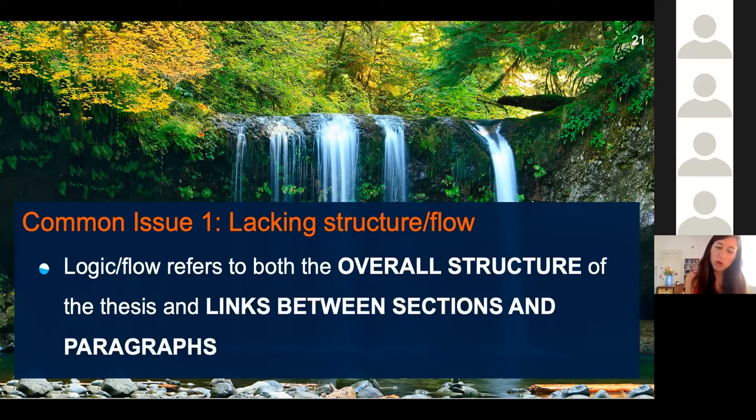So basically your whole thesis should be structurally sound, but also sections and paragraphs need to link together. So the whole thing needs to flow, basically. It's like the water you see in the background there in the waterfall. That's the way it needs to be. No hard edges, essentially.